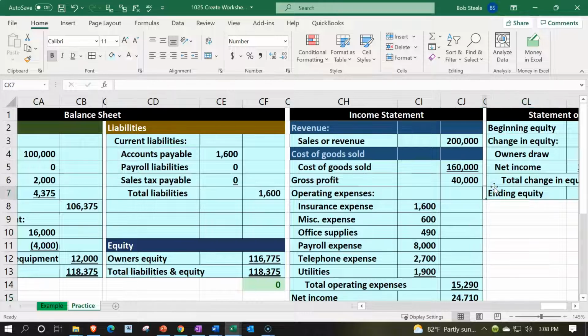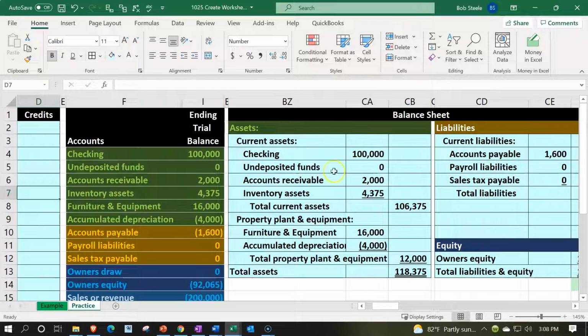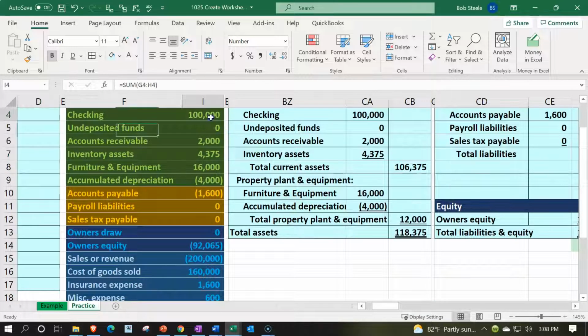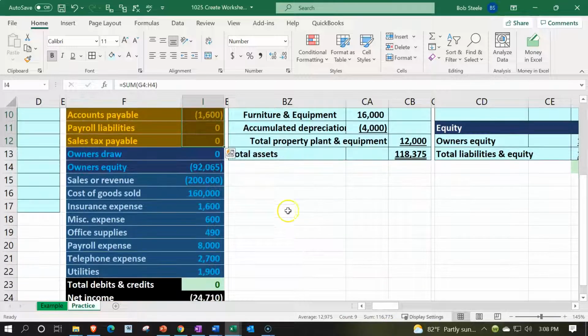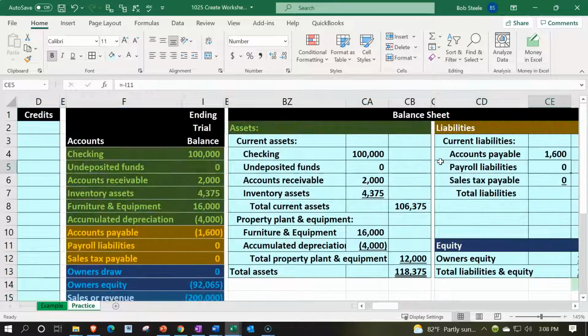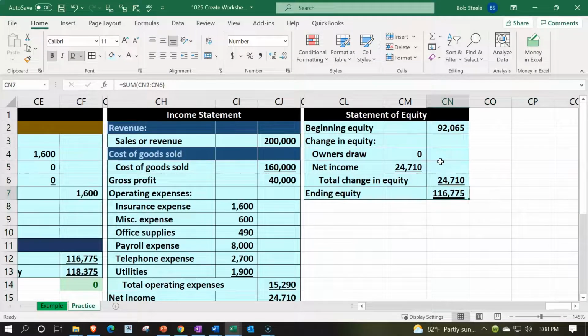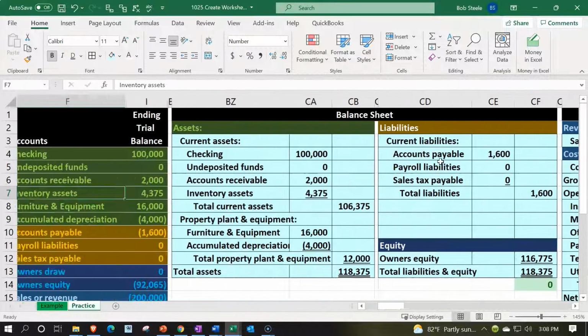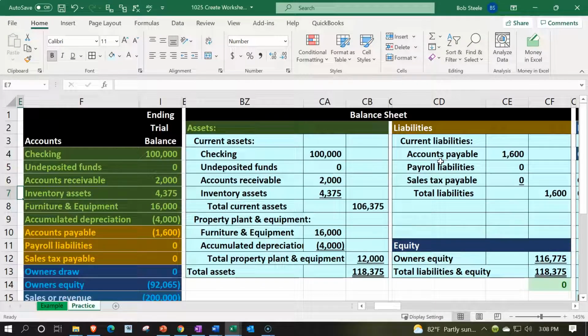And then clearly the ending of the statement of owner's equity should equal assets and liabilities. Assets minus liabilities, 116,775, equals all equity, all the blue items, 116,775, tying out to the equity amount on the statement of equity. So this process, you could do the same process if you had a trial balance in other formats, if you had a piece of paper with a trial balance that had two columns on it and so on.